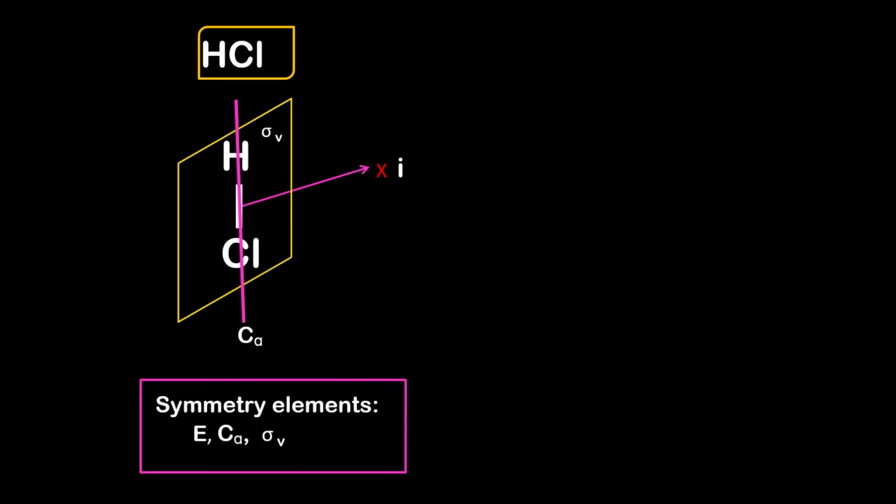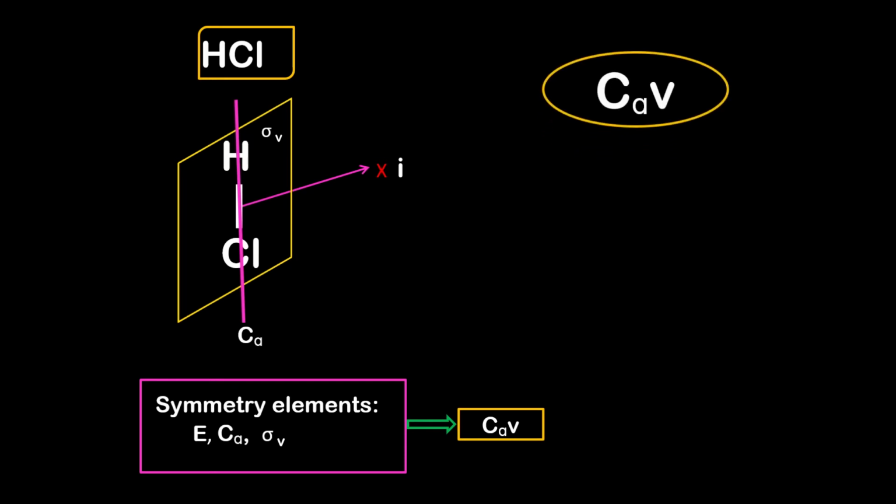These are the symmetry elements: E, sigma infinity, E, C infinity and sigma v. There is no sigma h and i present in our molecule. So the point group becomes C infinity v because sigma v is present. These are examples for the C infinity v point group: CO, HCl, HBr, HI, HF and N2O molecule.